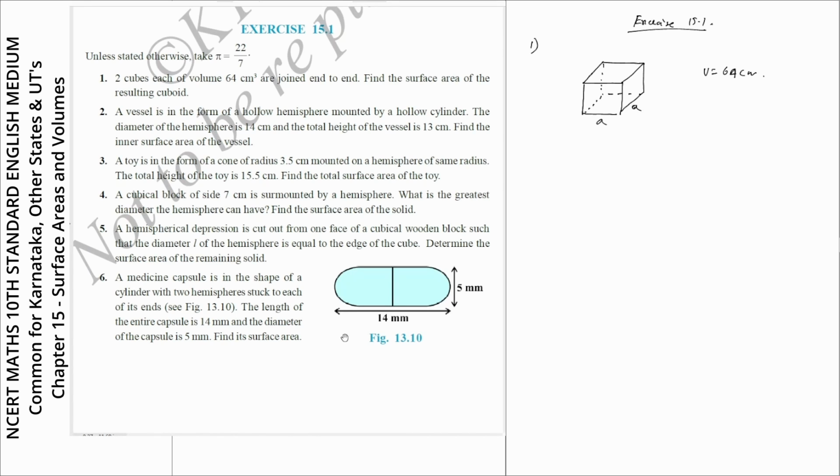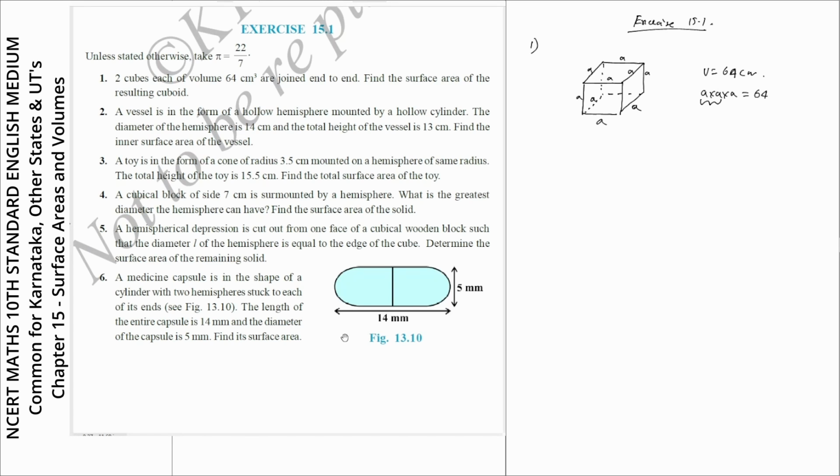In a cube all the sides will be equal to A only, every side will be equal to A. So volume of a cube is given by A into A into A, and this is equal to 64. A into A gives the area of the base, and another A gives the height. So base length into breadth into height gives the volume of a cube.